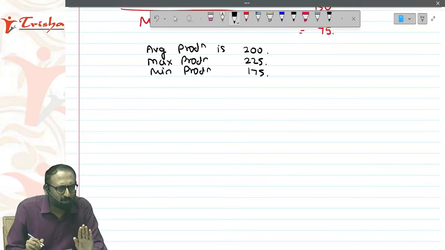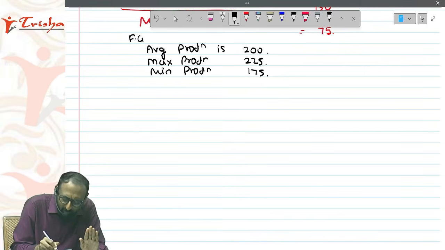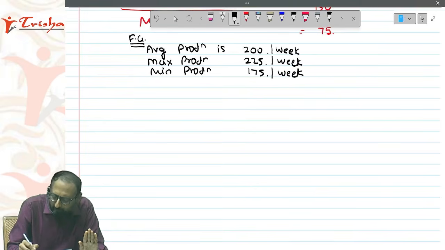I am not talking about raw material, Prabhu. I am talking about finished product. 200 units per week you will produce, 225 units per week, 175 units per week, sir.